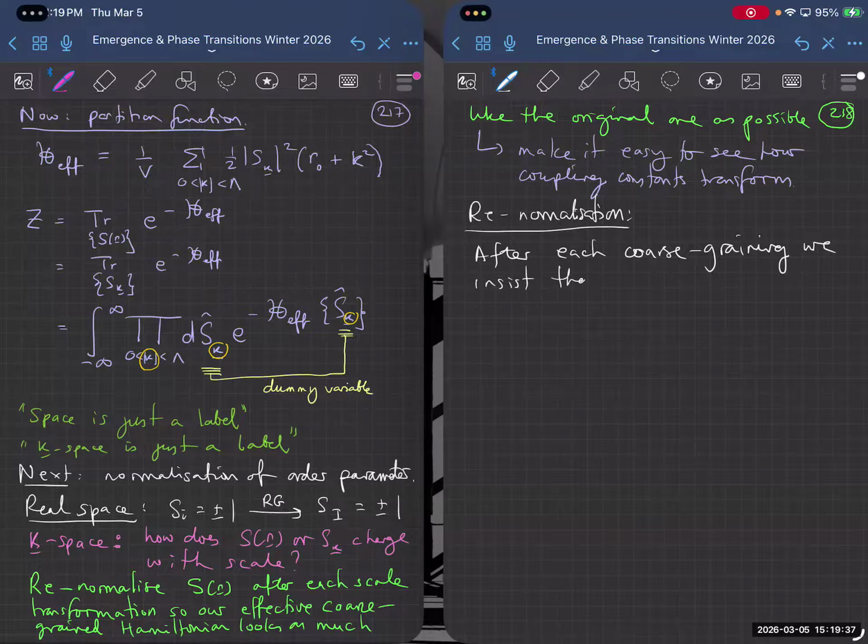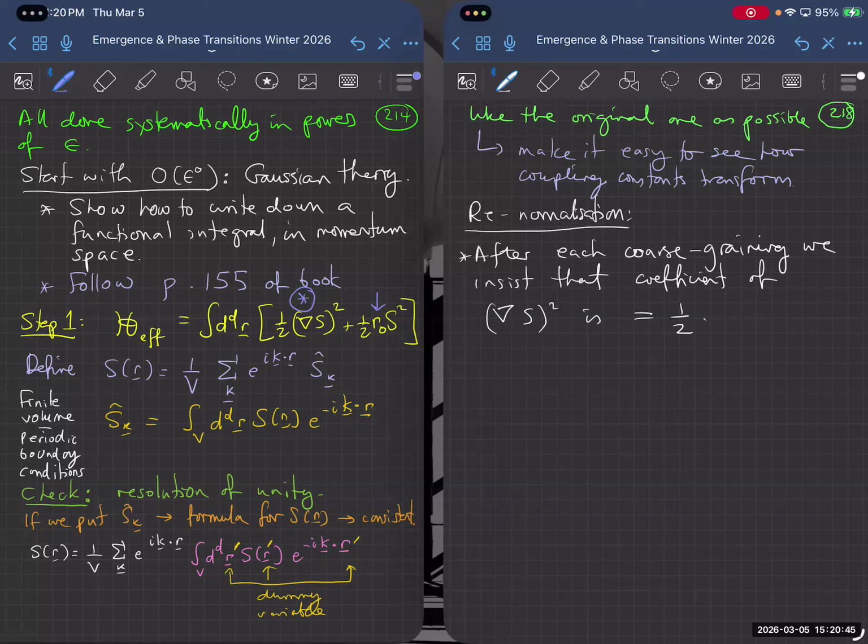So that's the first thing. The second thing is that we integrated out lambda over L is less than K is less than lambda. Remember, I wrote this down at the beginning of the class. Here we are. On the left-hand side, the high wave number modes are the ones that we've integrated out.